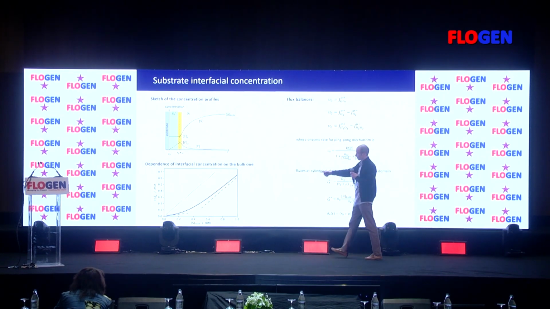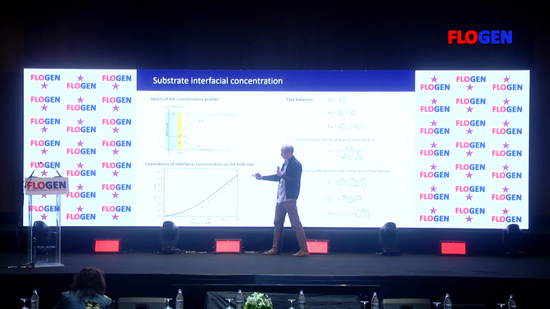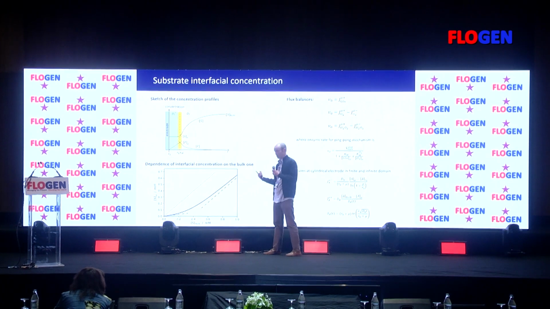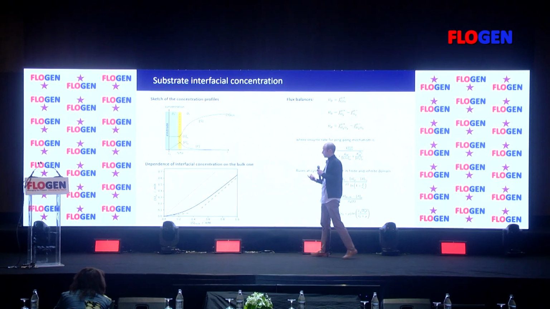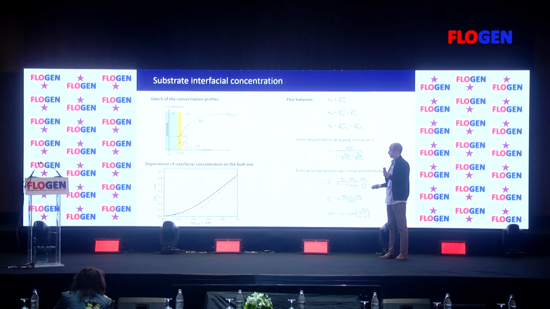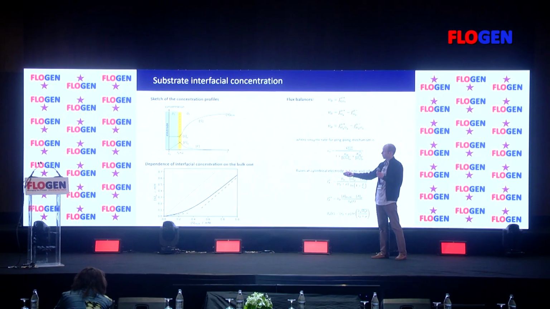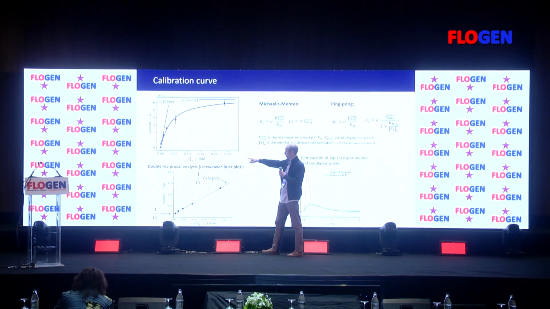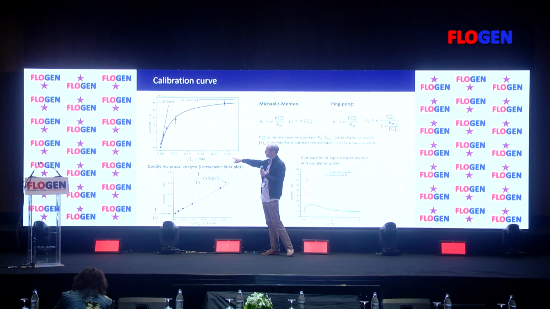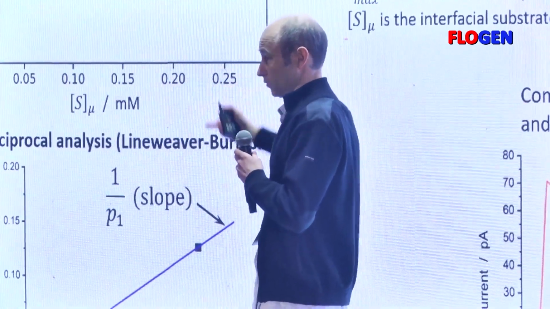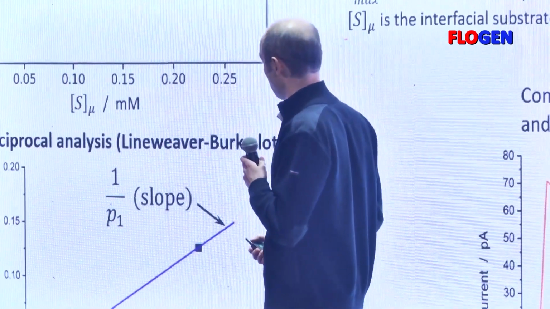What we can get is this dependence of the interfacial concentration on the bulk concentration. As you can see, this dependence is highly nonlinear, which means that it's impossible to disregard it. But using this information, we can replot the calibration curve as a function of the interfacial concentration, and only after that can we perform this graphical analysis as conventionally done in the enzymatic analysis.